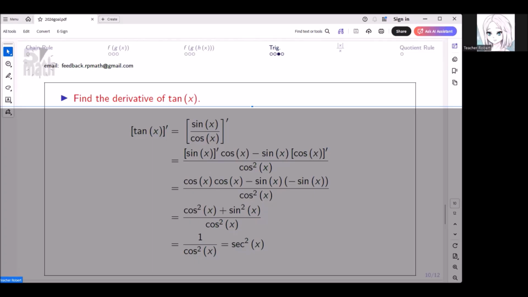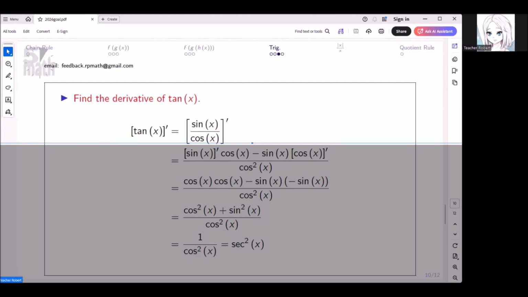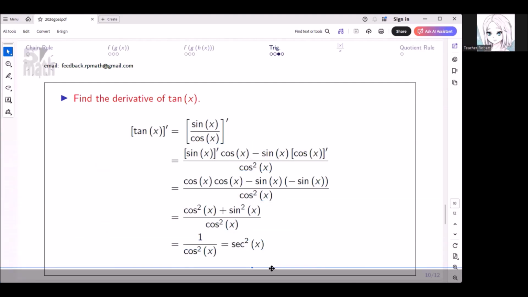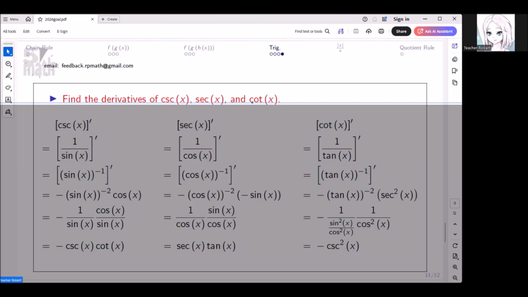Find the derivative of tangent of x. First we have this, and then we have that. Find the derivatives of cosecant of x, secant of x, and cotangent of x.